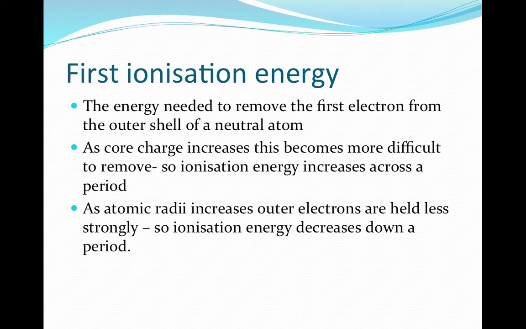If the electronegativity is bigger, because the core charge is bigger and the atomic radius is smaller, then it's going to be much harder. So as the electronegativity increases, so does the first ionization energy. As we go across a period, that's what we see. As we go down a group, we see the electronegativity decreases, and so does the first ionization energy.